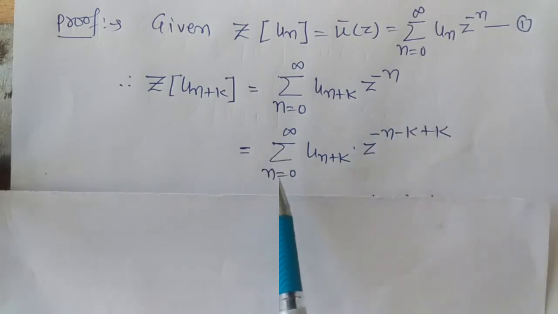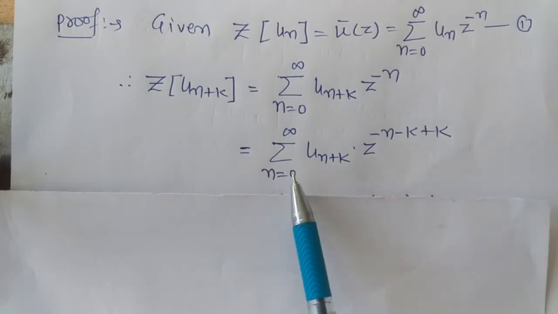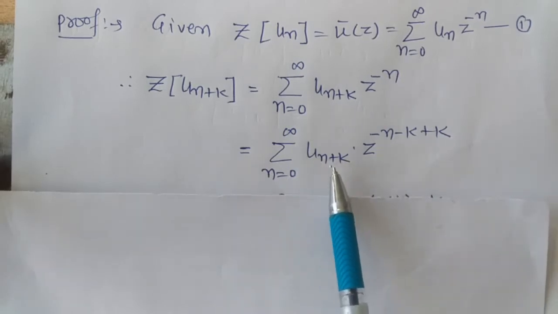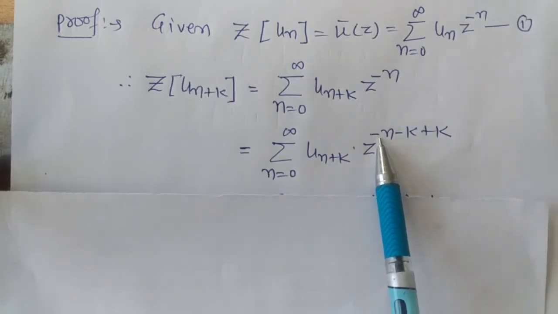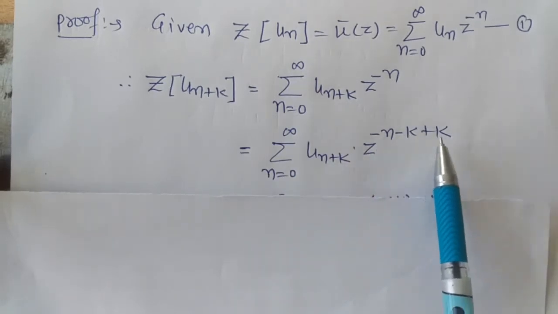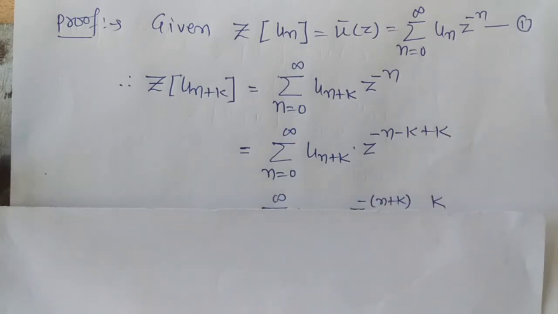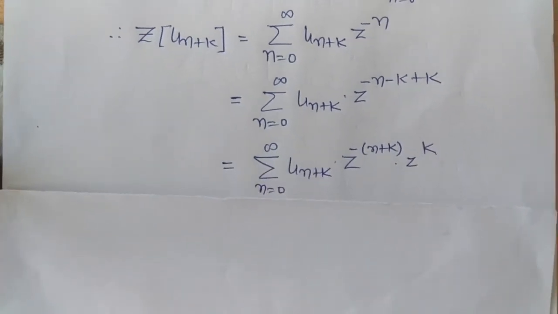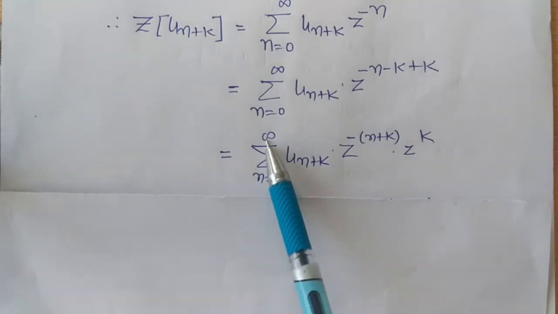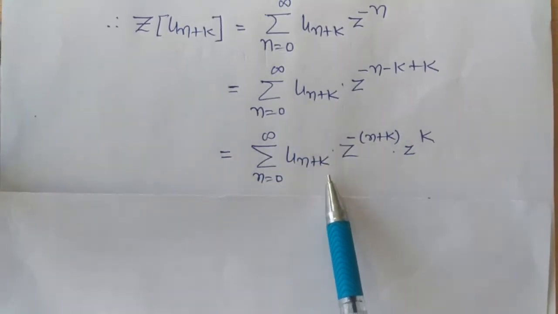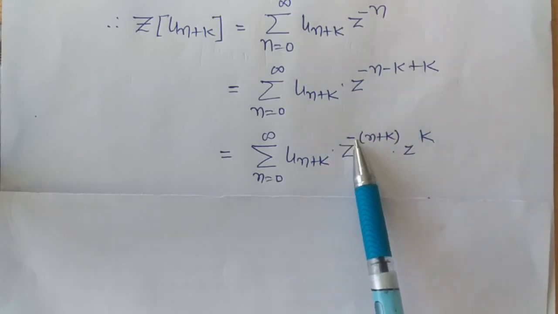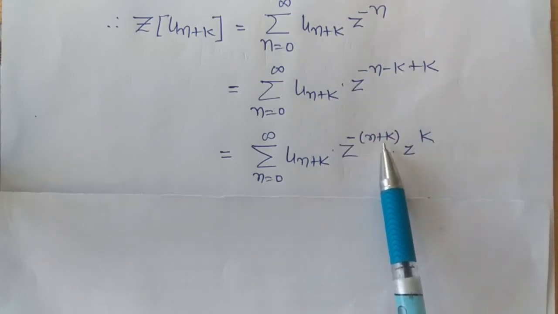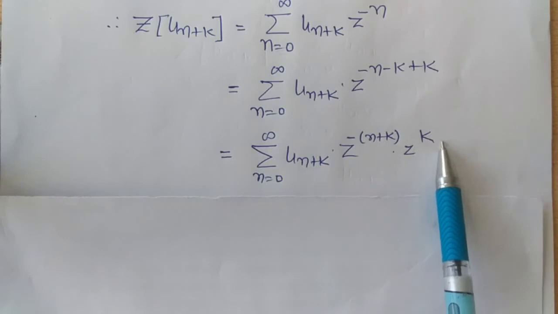So this expression we write summation n goes from 0 to infinite u(n+k) z^(-n) minus k into z^k. Taking minus common, we have summation n goes from 0 to infinite u(n+k) z^(-(n+k)) times z^k.